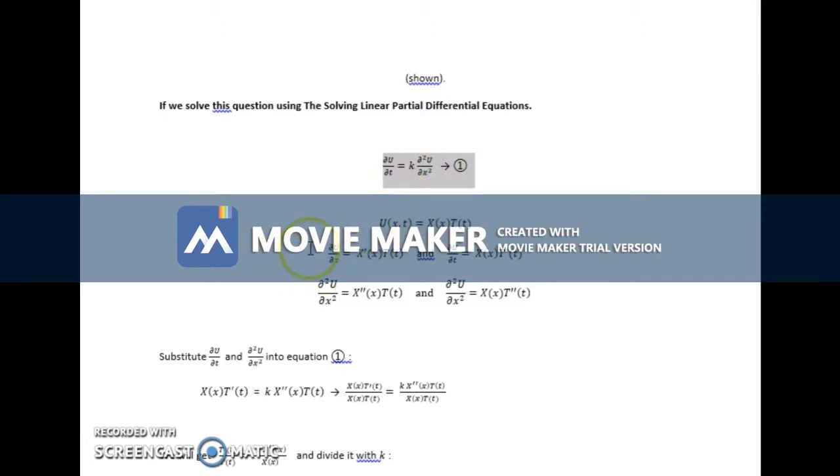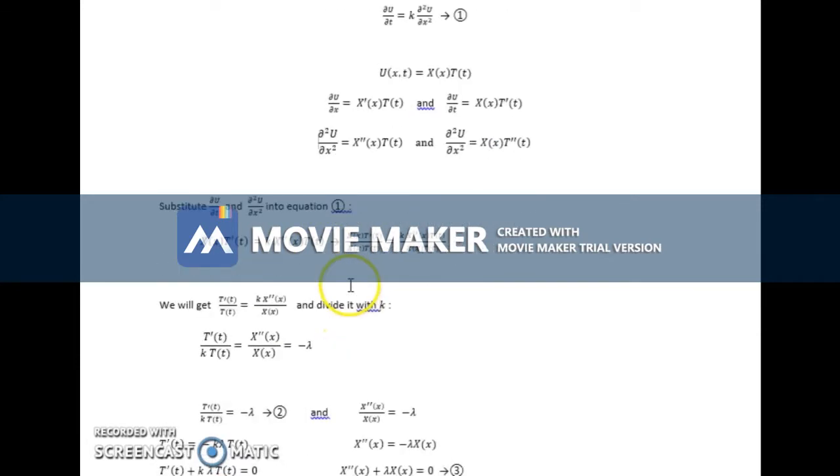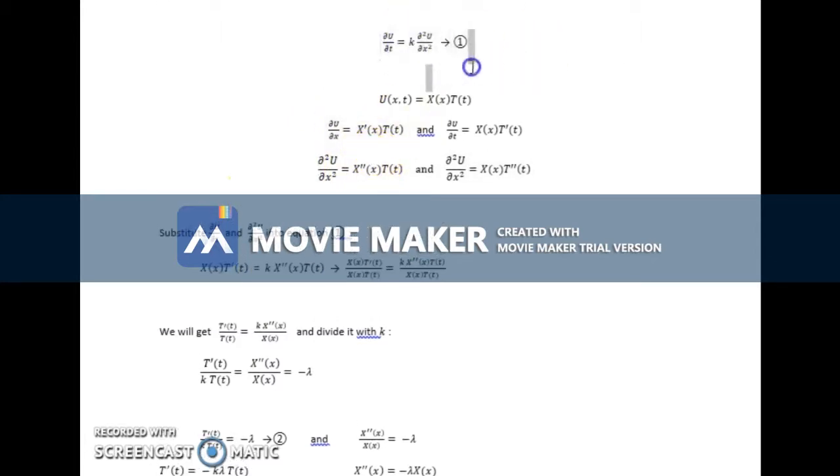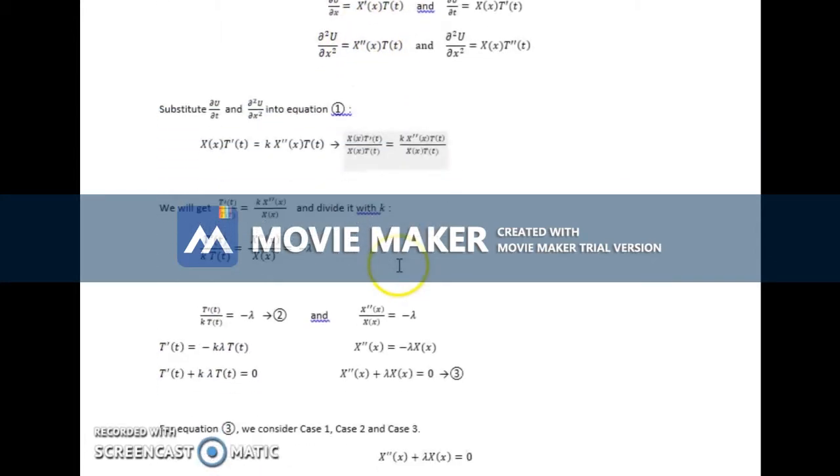Then we differentiate u with respect to t, and we also find the double derivative, and we substitute delta u over delta t and delta squared u over delta x squared into our first equation. Then we can get this equation, and we divide it by k.